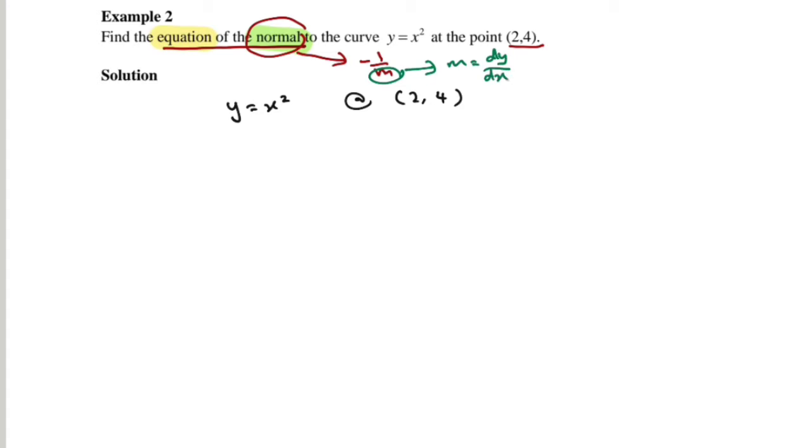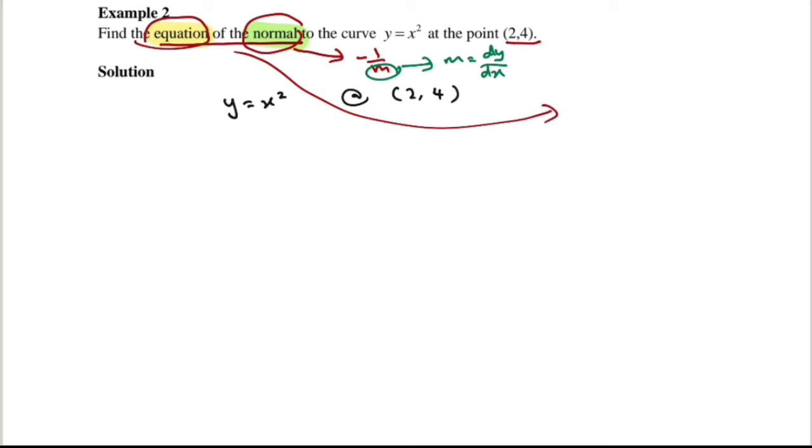So this means we have to differentiate the equation, and then after that, put negative 1 over that value of m. Next, to find the equation of that normal line, the same formula applies, which is y minus y1 equal to m times x minus x1.